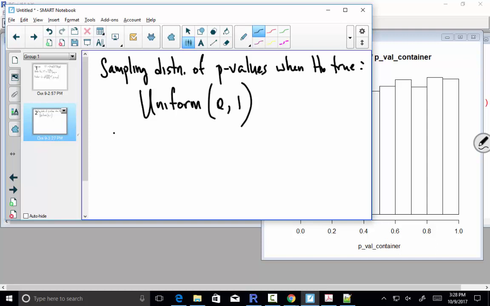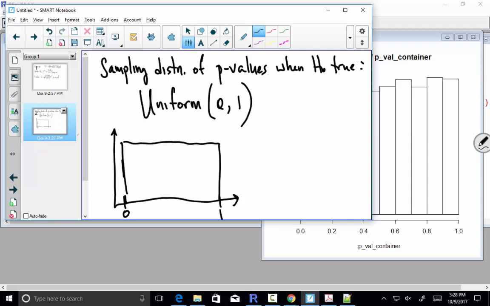The uniform distribution is flat over its range of support. That's what the distribution looks like.